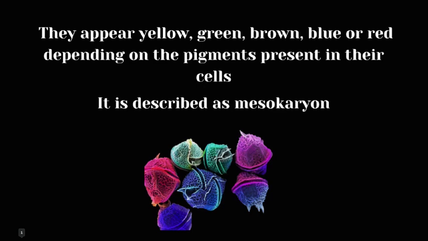They are mesokaryotes. We have explained mesokaryote earlier, that is, they show resemblance to both prokaryotic and eukaryotic cells. The mesokaryon is a special type of nucleus which has condensed chromosomes.